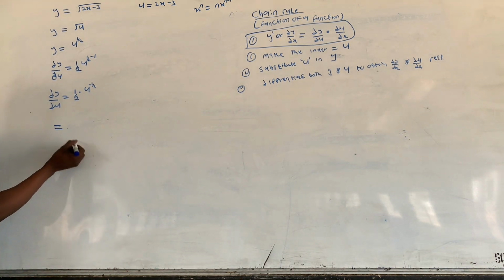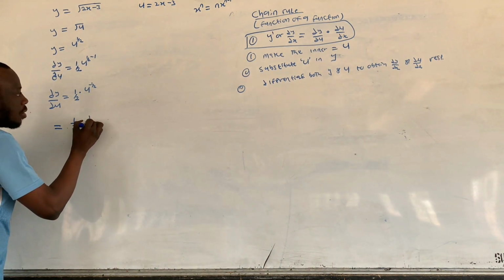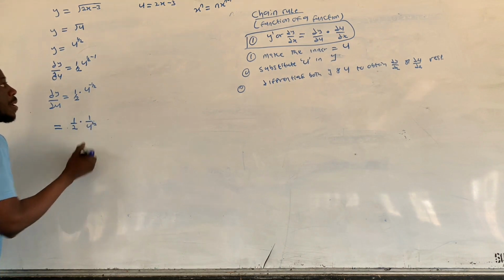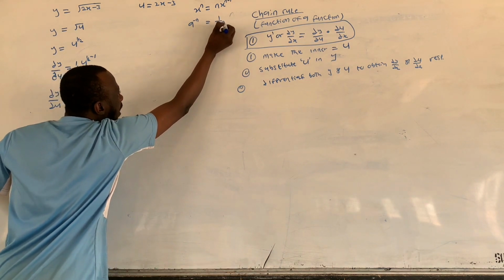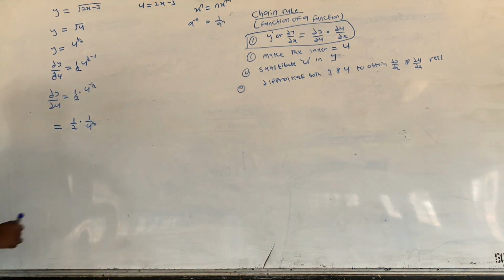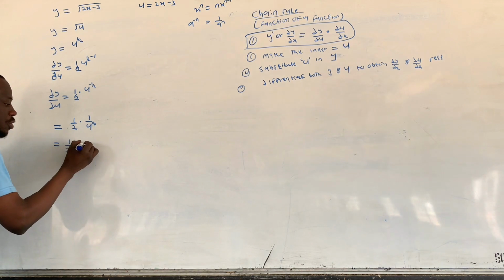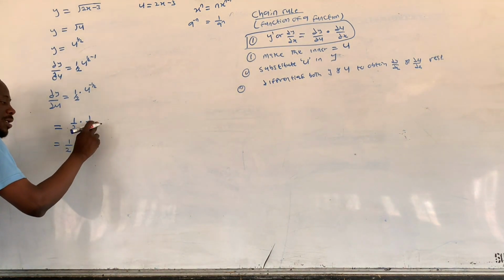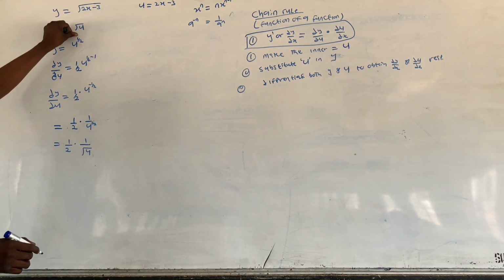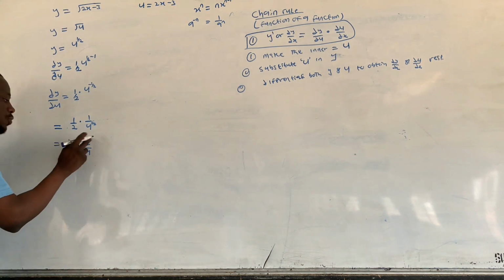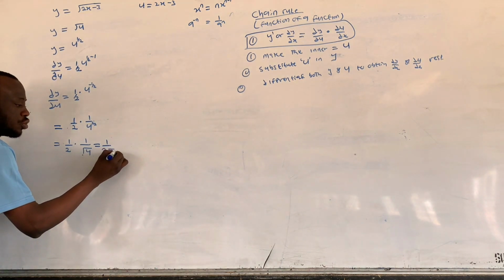Now here becomes what? We have 1 over 2 times 1 over u to the power of 1 over 2. Remember, a to the power of minus n equals 1 over a to the power of n. Negative law of indices, we follow the same rule here. So now it becomes 1 over 2 times 1 over root u, since u to the power of 1 over 2 is root u.